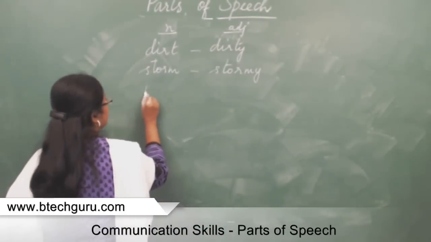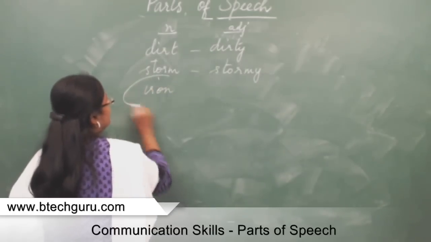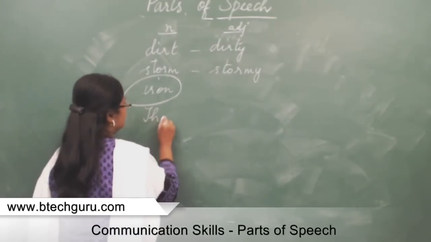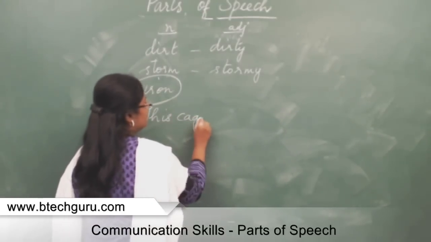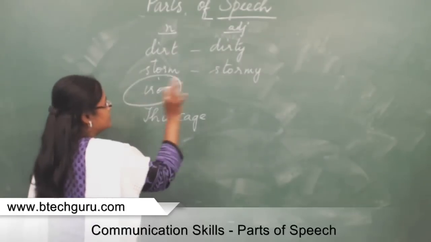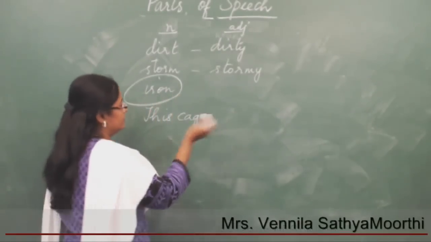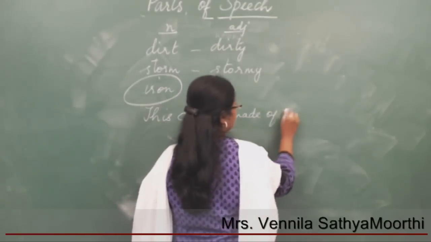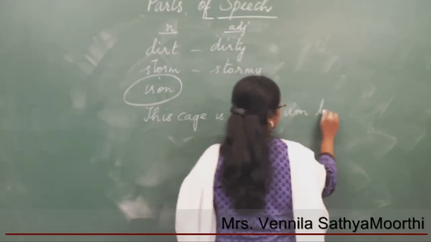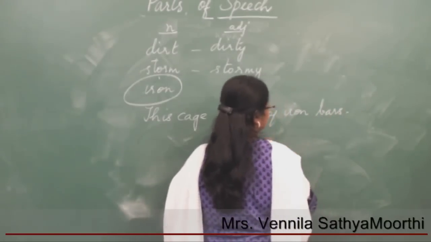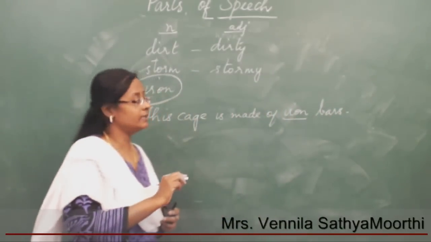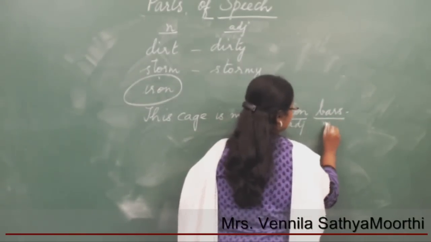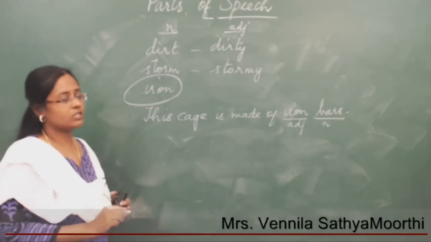I'll give you another example where we use the word iron as 3 different parts of speech. Most often we say iron is a noun. It's the name of a metal. This cage is made of iron bars. Now, what part of speech is iron? Adjective, because it talks about the bars, which is a noun.